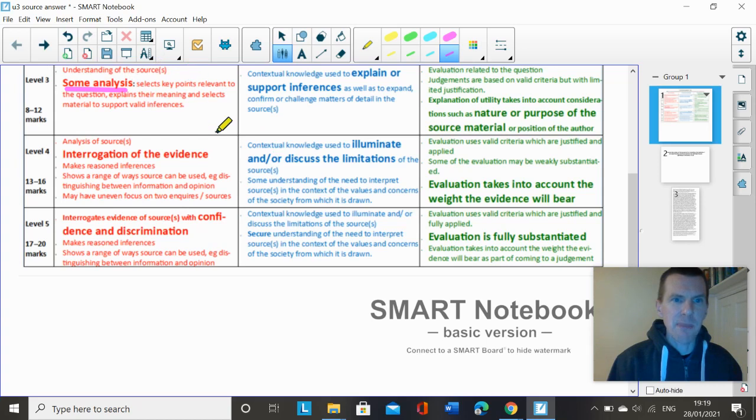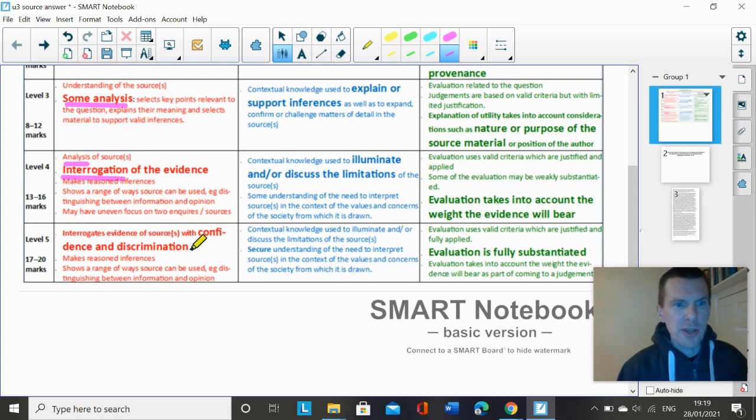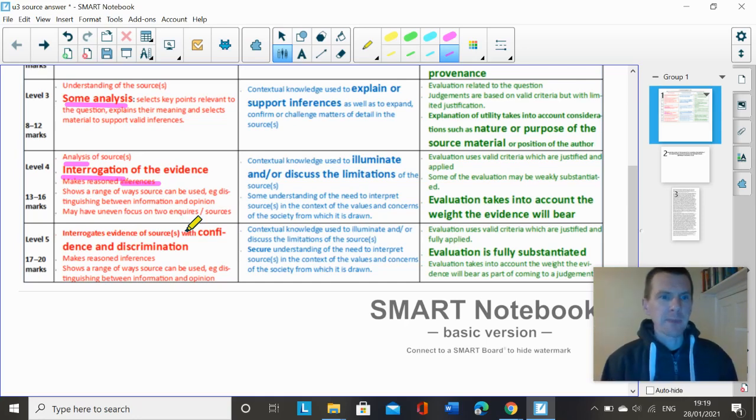You select the key points. You've shown understanding of the sources, but here there's analysis of the sources, interrogation of the sources, that you're making inferences. An inference is where you pull out from the source something that's there but is not really explicit. And so there you've got to go beyond just picking up surface level things. You've really got to interpret the source, and use a little bit of knowledge and nous.